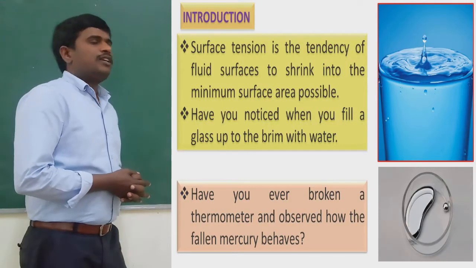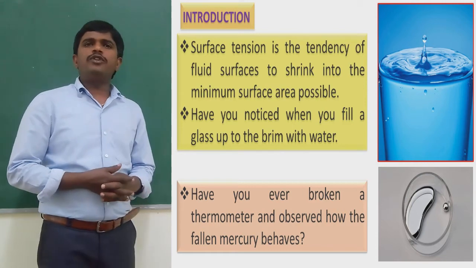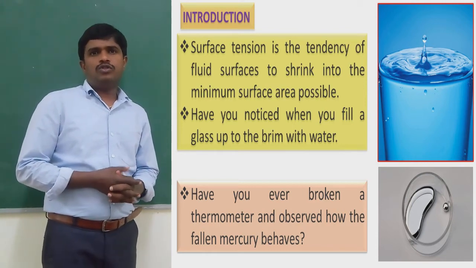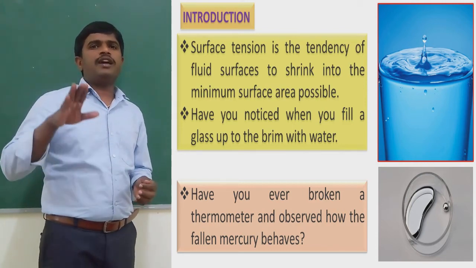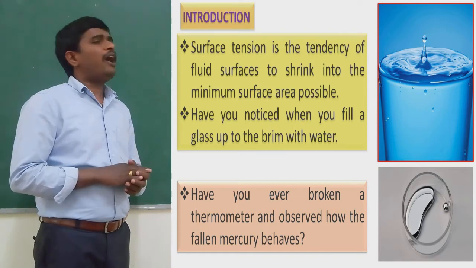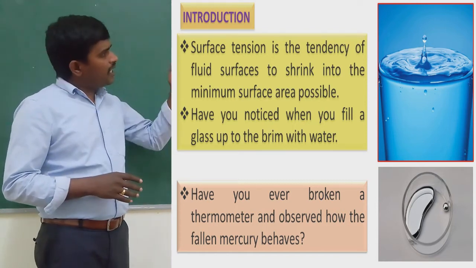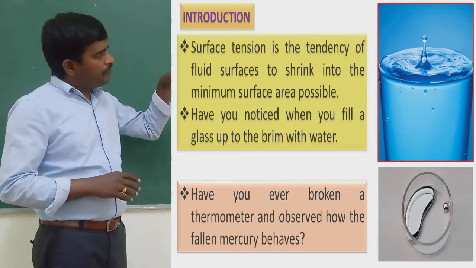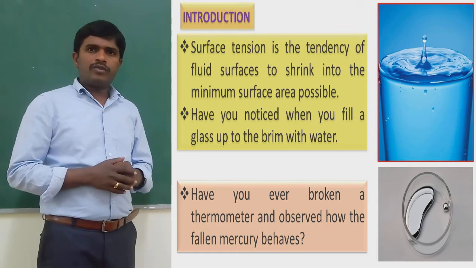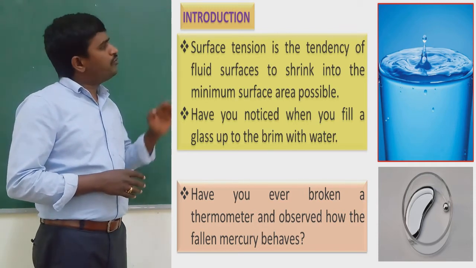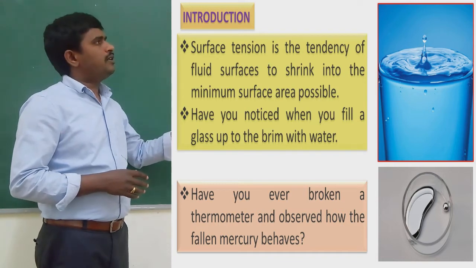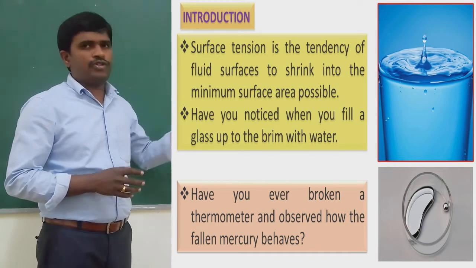Introduction. Surface tension is the tendency of fluid surfaces to shrink into the minimum surface area possible. Have you noticed when you fill a glass up to the brim with water, you can still add a few more drops to it till it spills out?